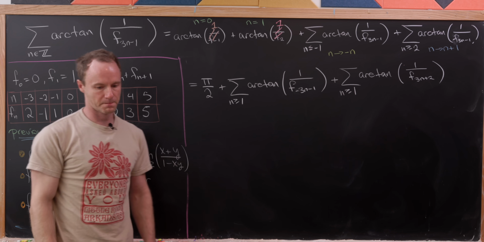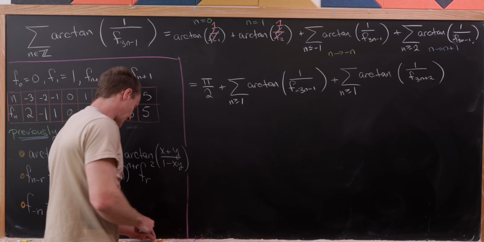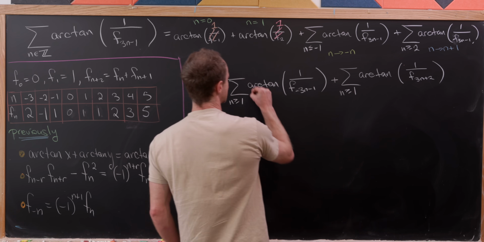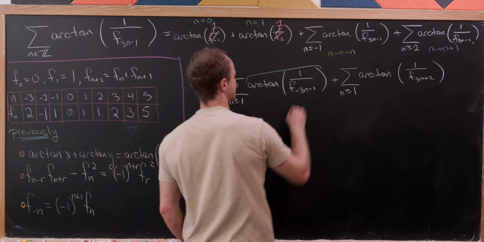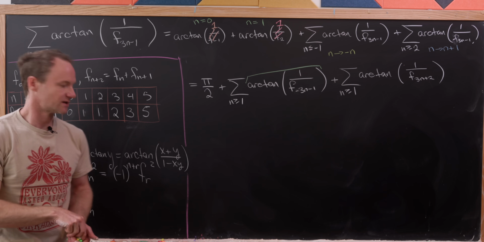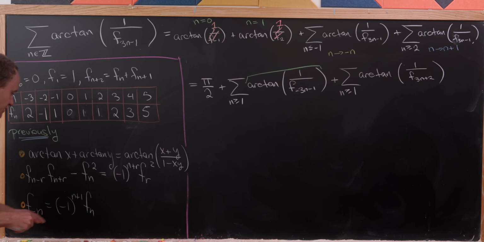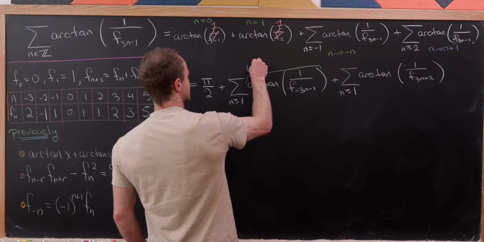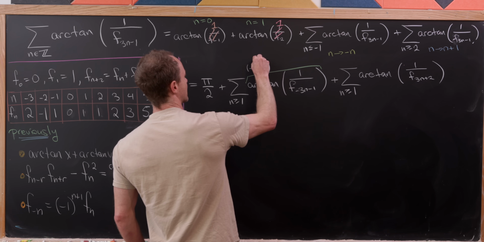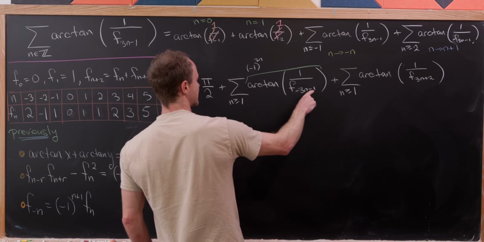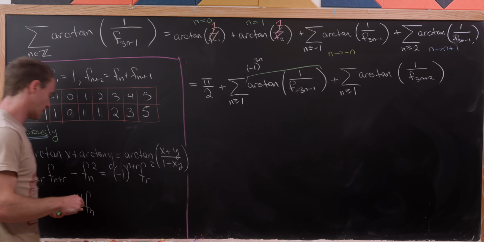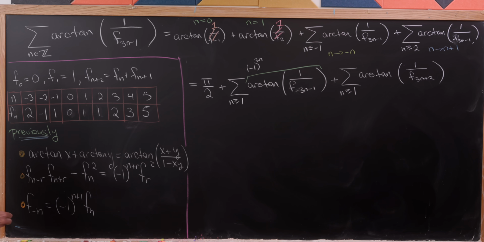Okay, cool. And now I'd like to observe that I can use this last identity down here relating the positive and negative indexed Fibonacci numbers to rewrite this as, well, let's see, what is it going to be? Minus 1 to the 3n. So it's really minus 3n minus 1 plus 1, but the minus 1 plus 1 will cancel.